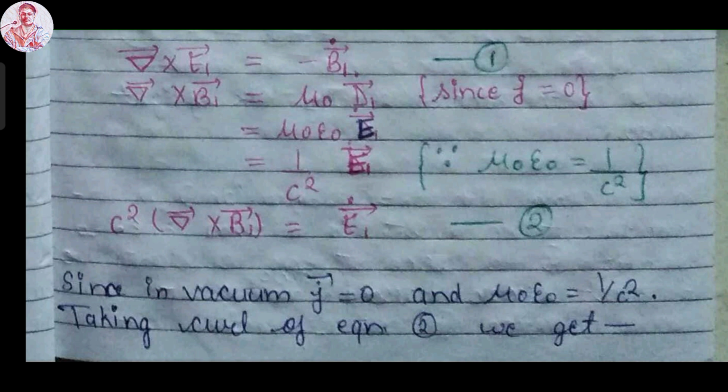Another equation we will take is del cross B, the curl of the magnetic field, which is equal to mu 0 D dot, where D is the electric displacement vector.